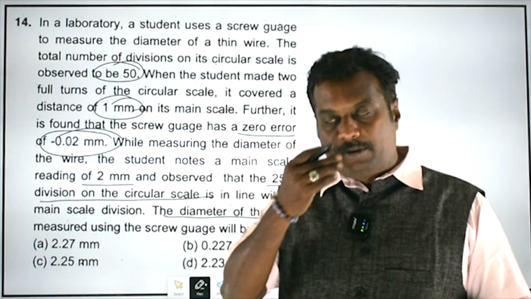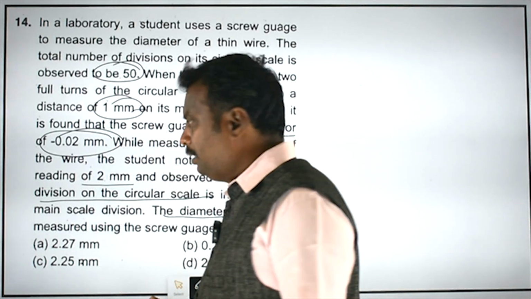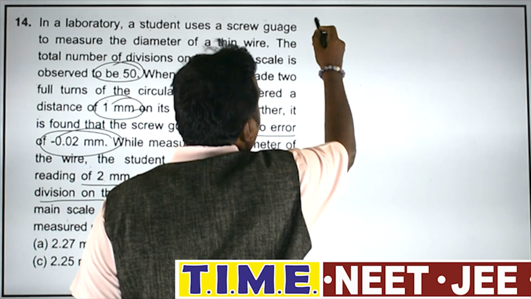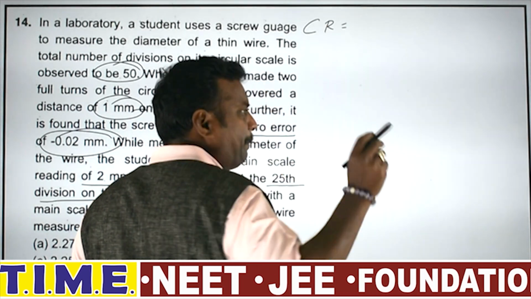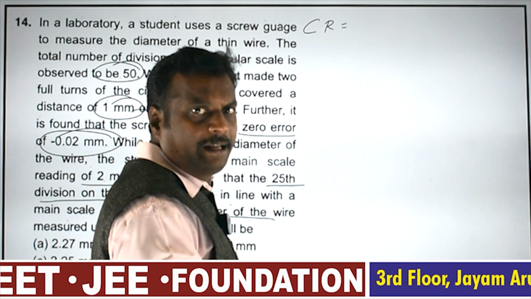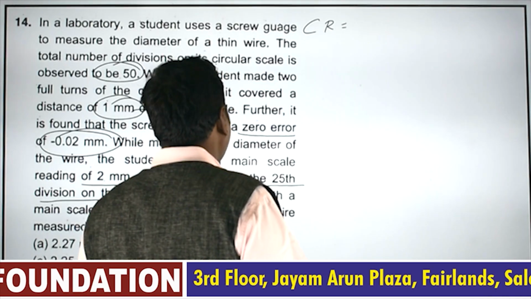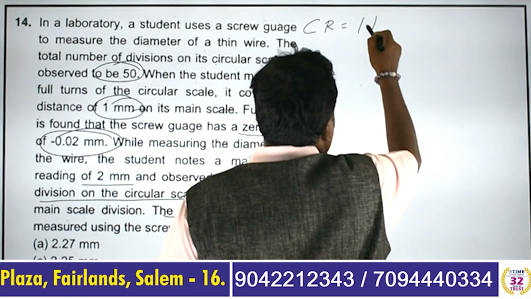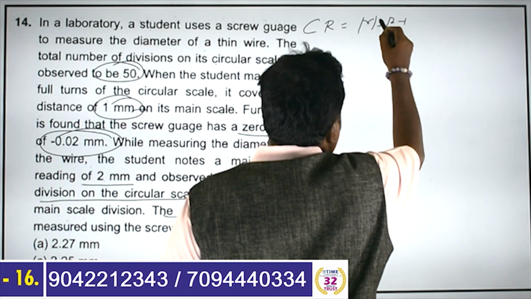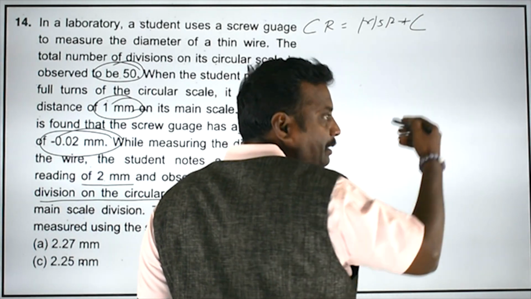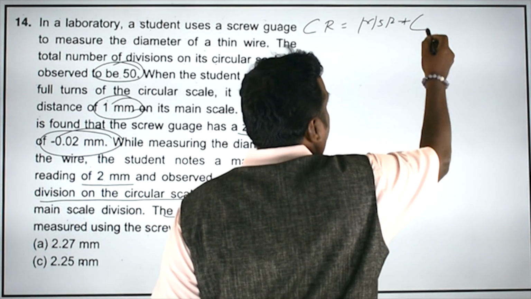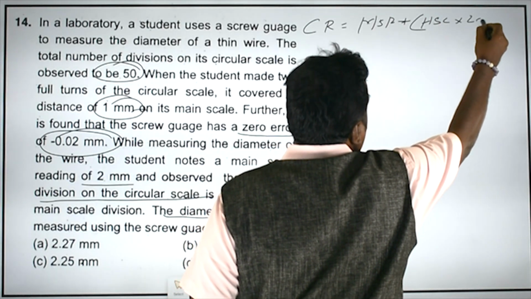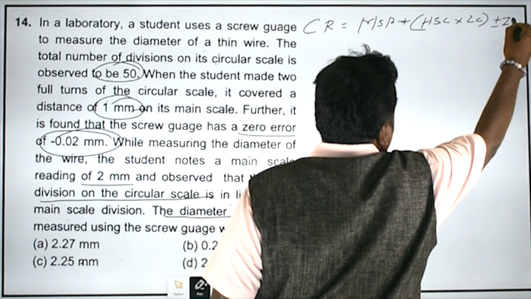So this sum requires a little bit of time, but it is quite easy. We go directly to the correct reading. The correct reading is main scale reading, which is MSR, plus HSC, head scale coincidence, or circular scale coincidence, into least count, plus or minus zero error.